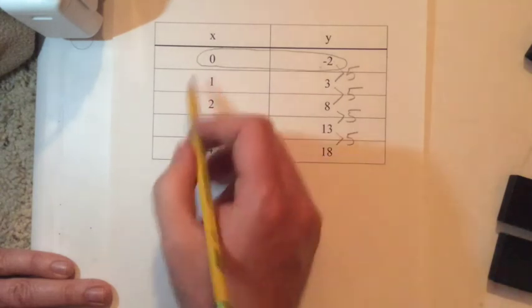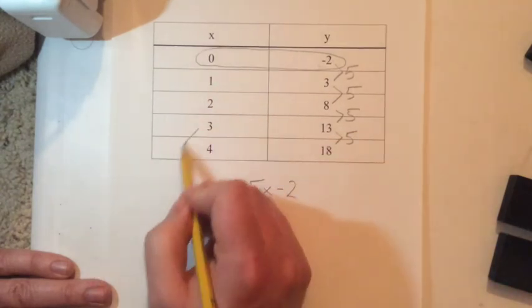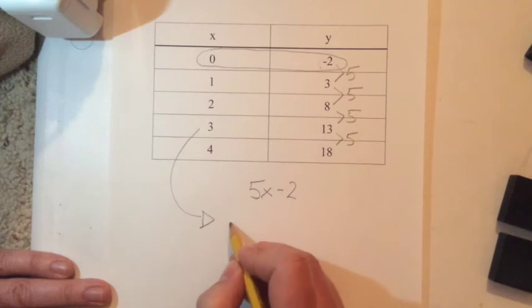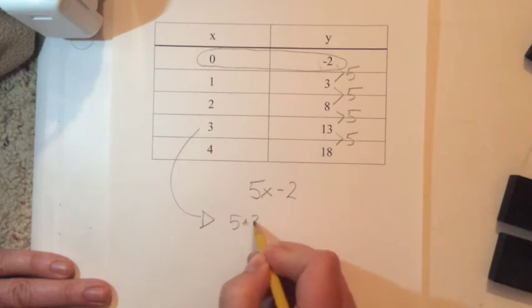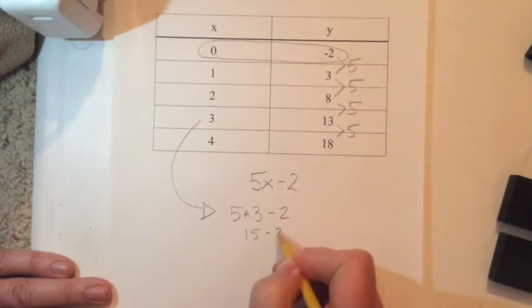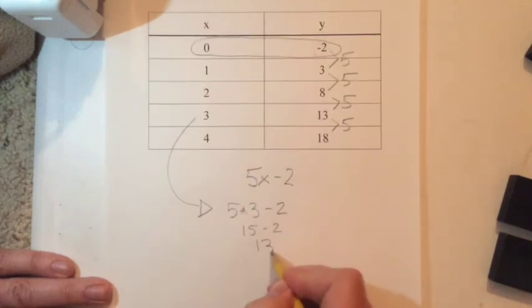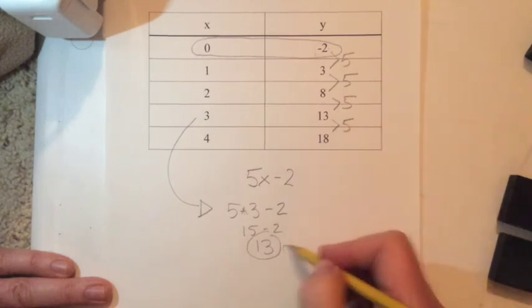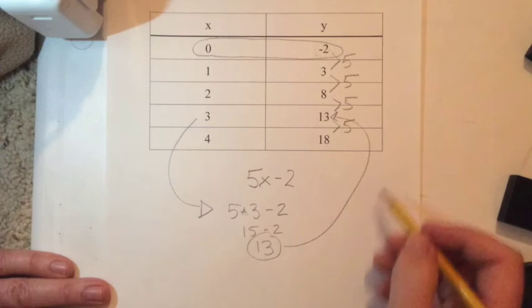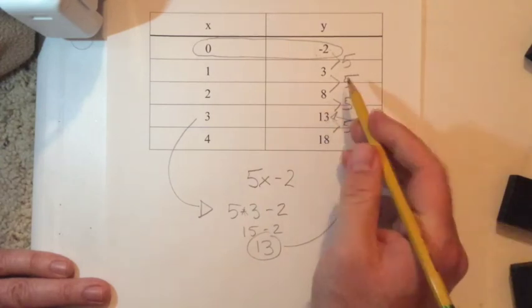So let's check it. Let's pick 3 here. Let's bring 3 down. So this would make it 5 times 3 minus 2. 5 times 3, that's 15, minus 2, that's 13. 13 works. It gives me exactly what this y value is.